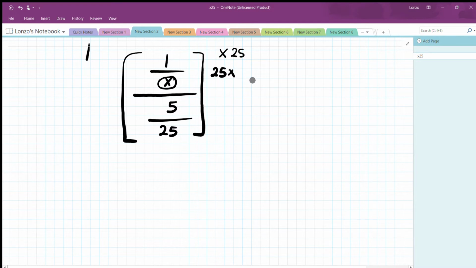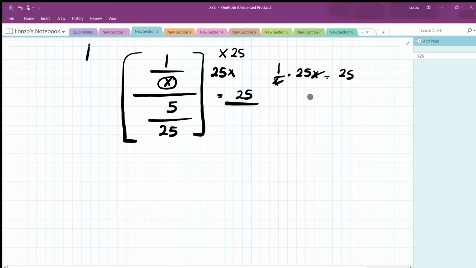So I'm going to multiply 1 over x times 25x. You know that the x cancels, right? So you're just left with 25 on my numerator. Let me look at my denominator. Now we have to multiply the denominator by 25x.